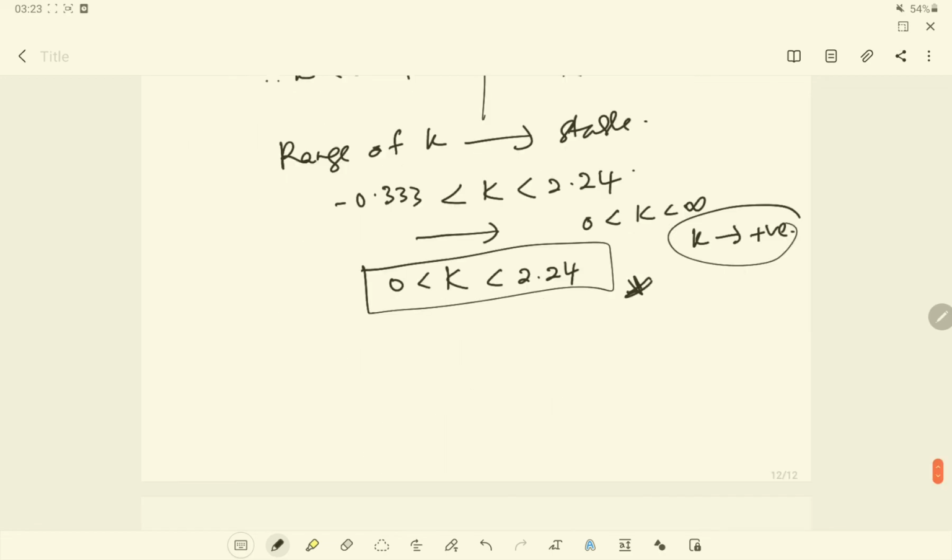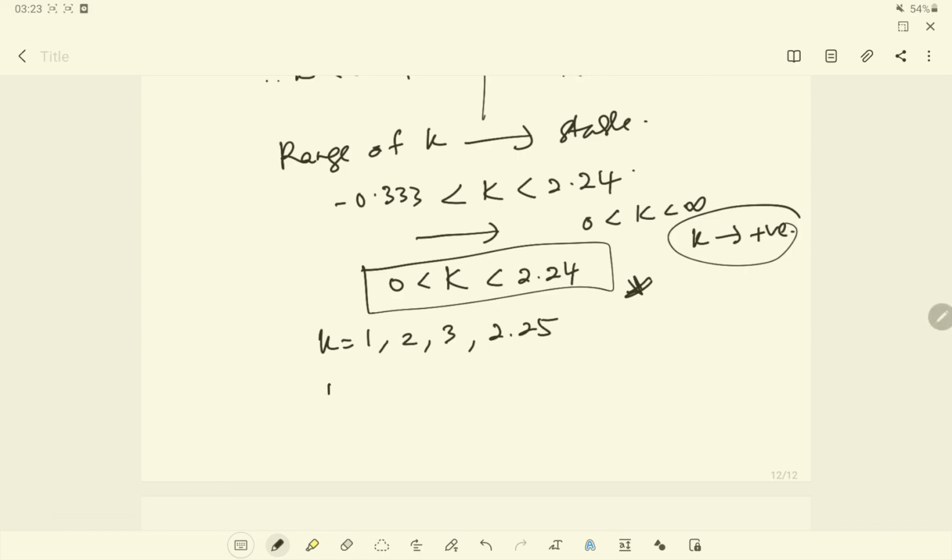Let's give a few values of K: K equal to 1, 2, 3, 2.25. In order to make sure the system is stable, you have to check whether the value of K is within the range.